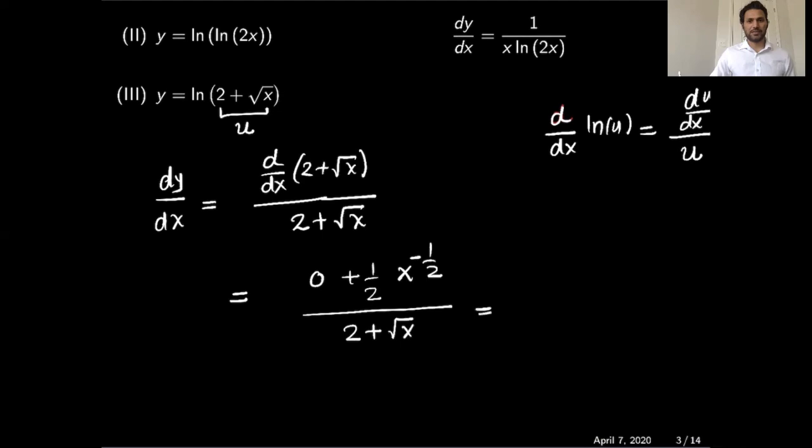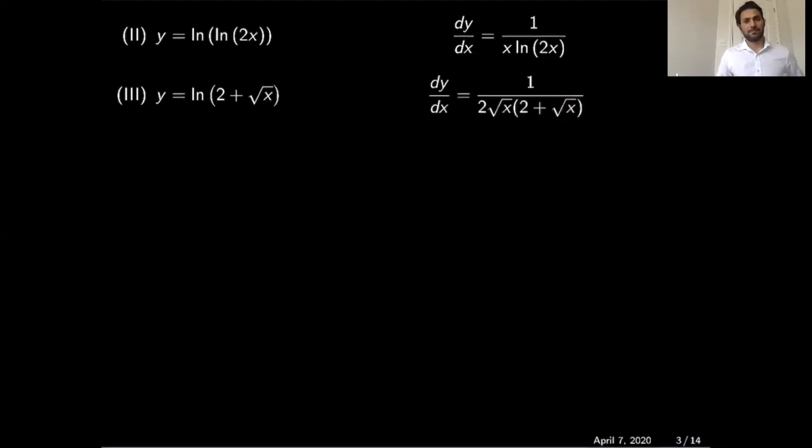If I simplify this expression, it gives 1 over 2 square root of x, because the exponent is negative, I move it into the denominator, and it multiplies with 2 square root of x. This is your final answer for that problem.